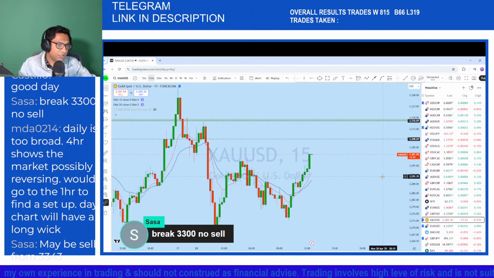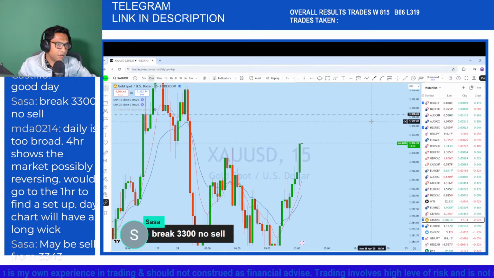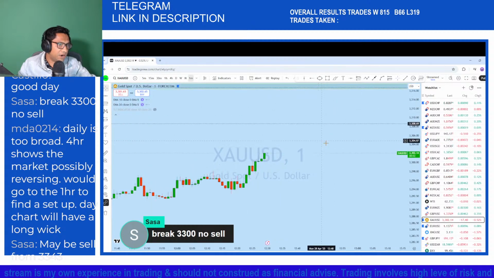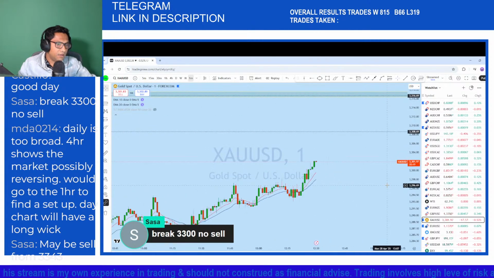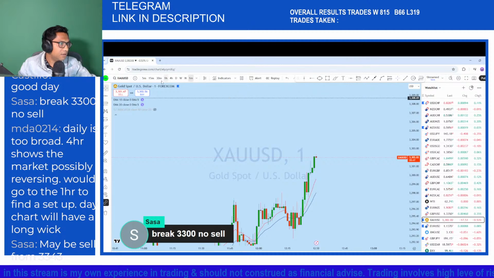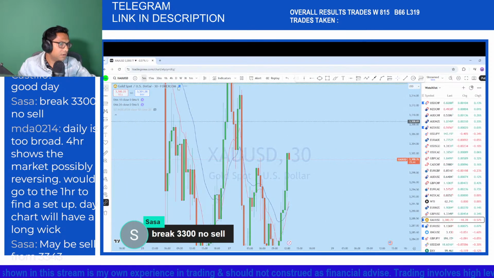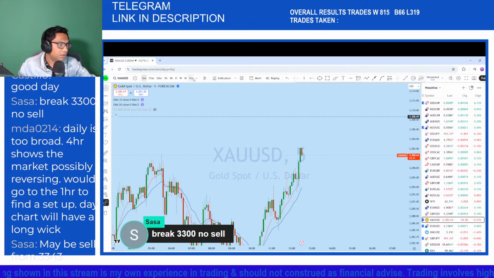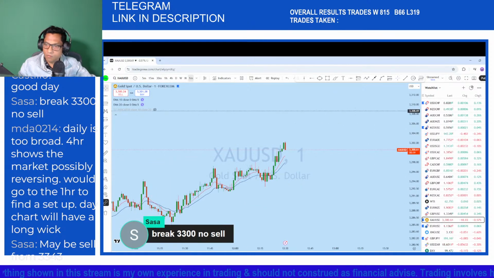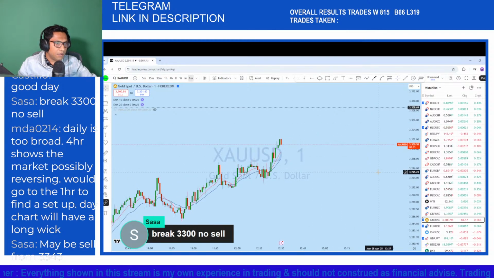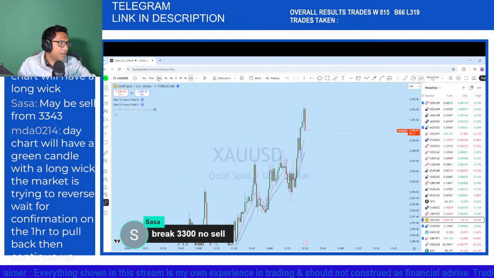If you look at here, this is where there's a candle closed. So significantly bull market in that area.